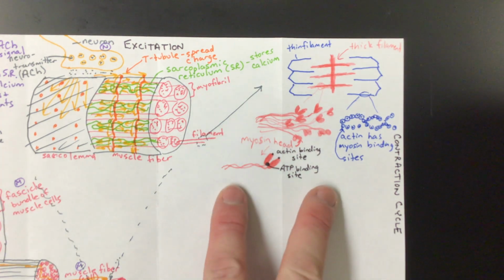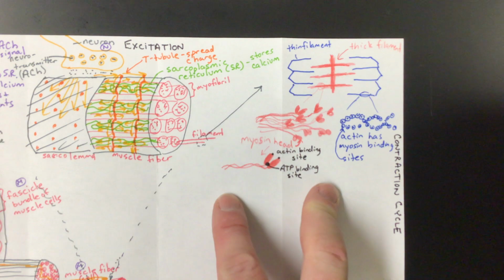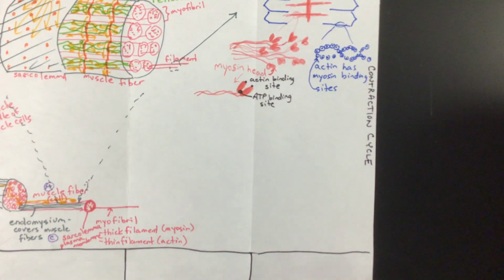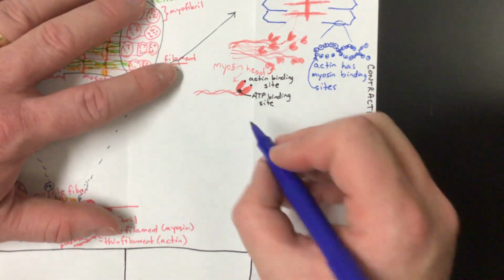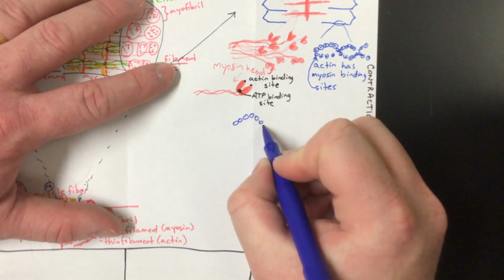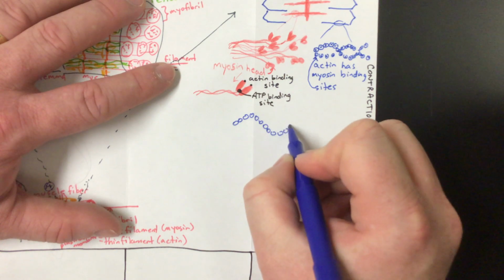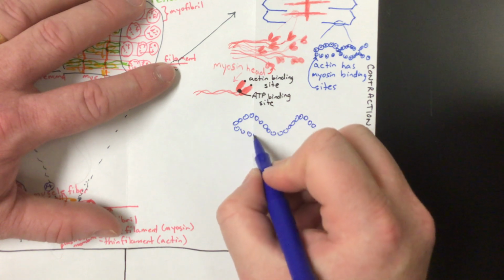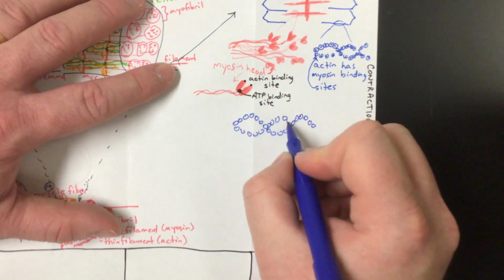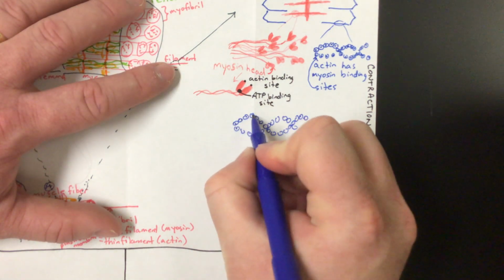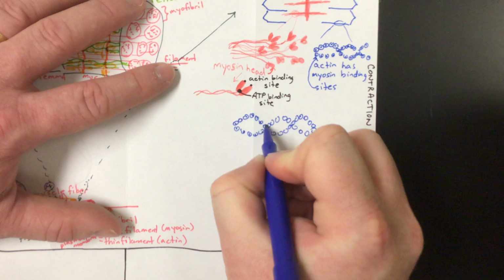All right, so now I want to try to draw a couple of pictures to show how these interact with one another. So I'm going to draw in my actin filaments down here, as our beads on a string. And we're going to put those beautiful myosin binding sites on there.